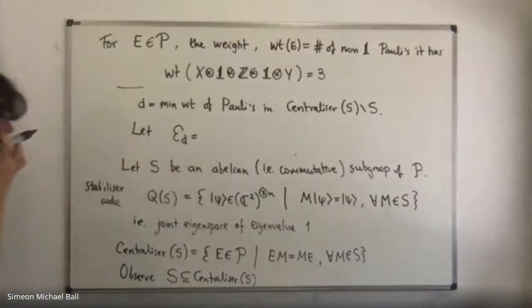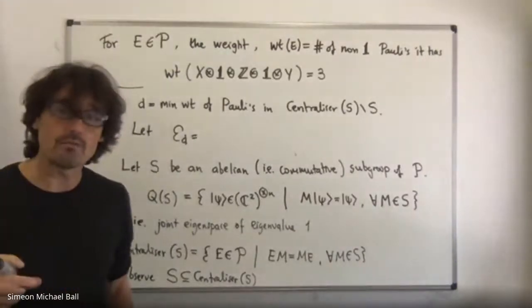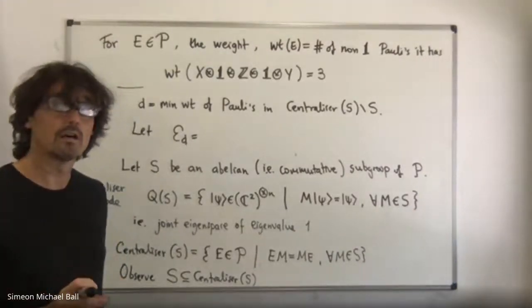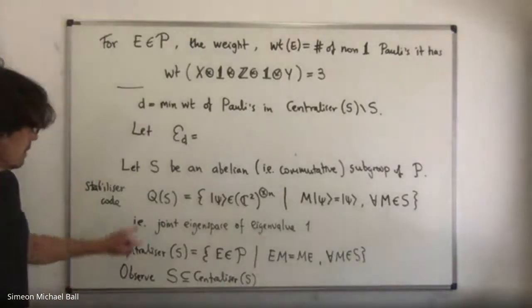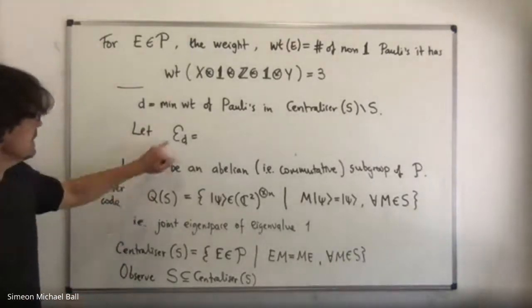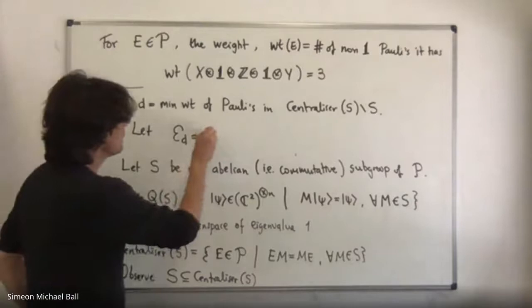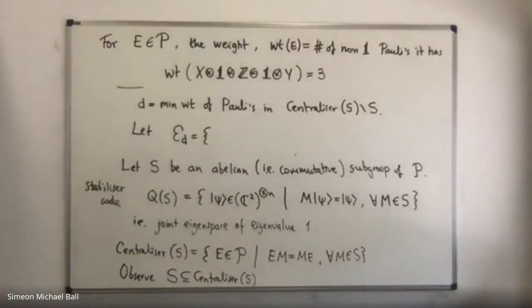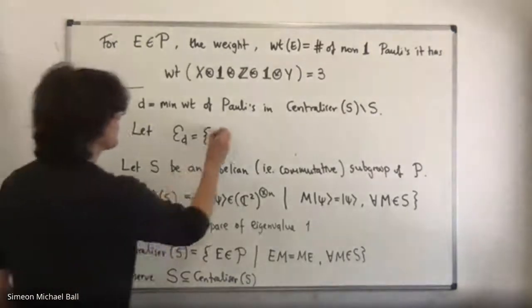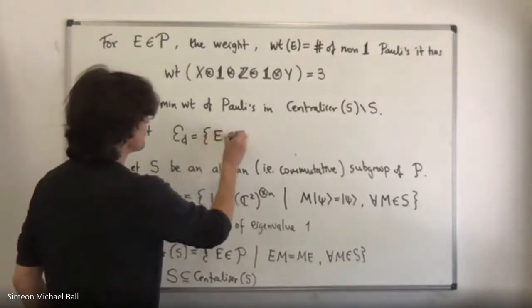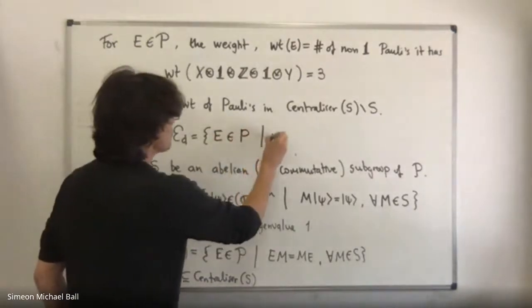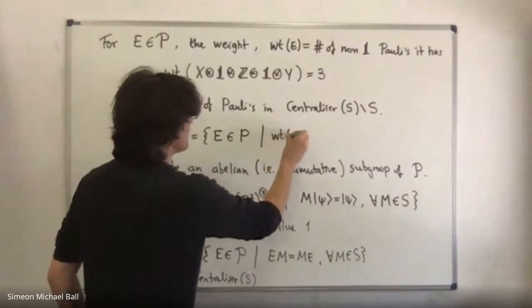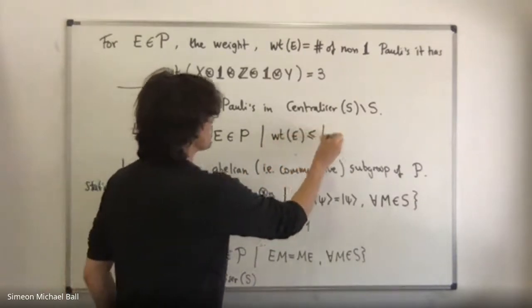Let's define the set of errors that we can correct with our Q of S. So this E_D is going to be the set of E's in P such that the weight of E is less than D over 2.